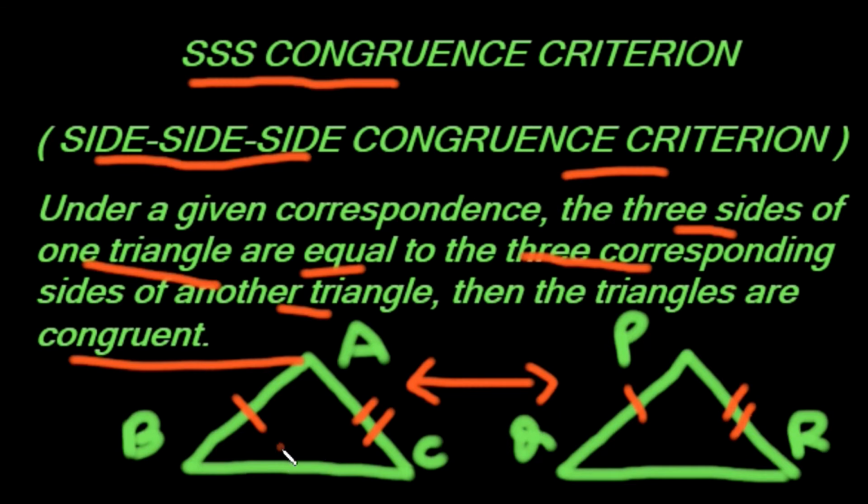What about BC? It is completely equal to the side QR. So, under a given correspondence, a triangle has three sides. So, the three sides of one triangle are equal to the three corresponding sides of another triangle. Then the triangles are said to be congruent.